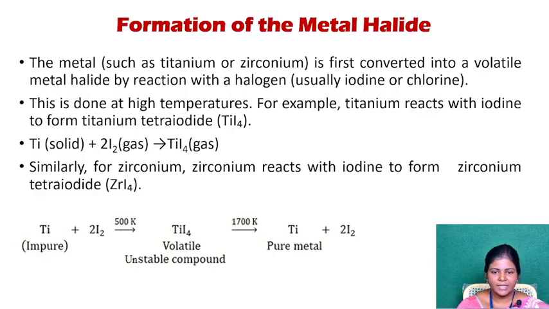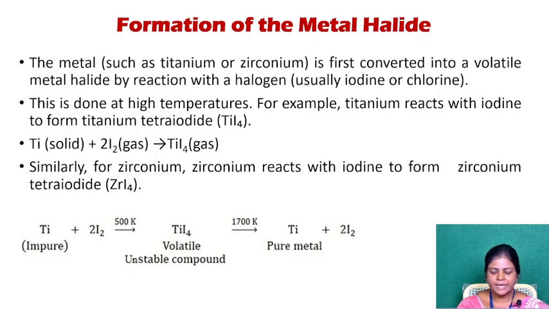The formation of metal halide is the first step. Here the metal is first converted into the metal halide by reaction with a halogen. This is done at a high temperature so that titanium reacts with iodine to form titanium tetraiodide, and zirconium reacts with iodine to form zirconium tetraiodide.